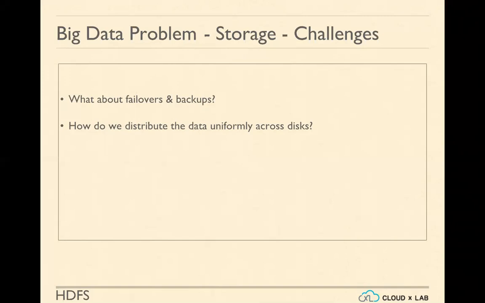You remember the days when we had a computer with multiple drives, C colon, D colon, and E colon. We designated C colon for, say, movies and D colon for music. Now C colon got full very quickly, while D was still free. So you would start moving some data from C colon to D colon and so on, right? That's the story of our life when we were trying to manage a lot of data in our computers. So the same thing is also true here.